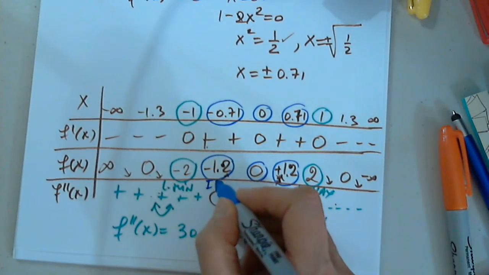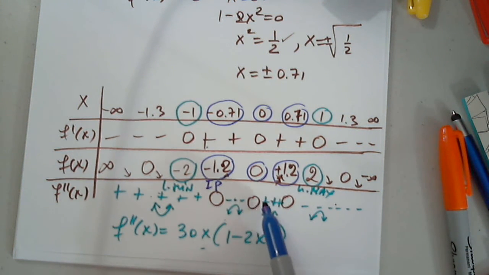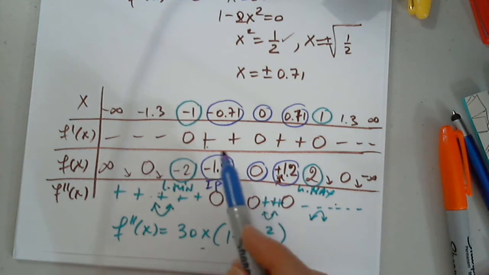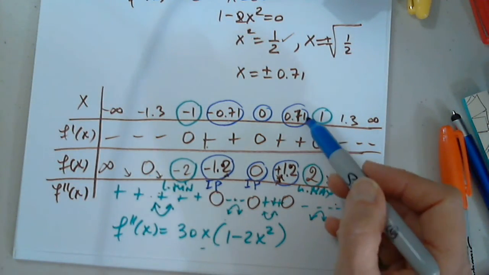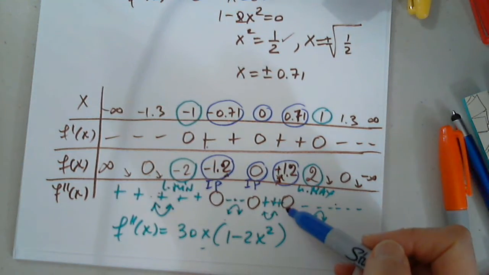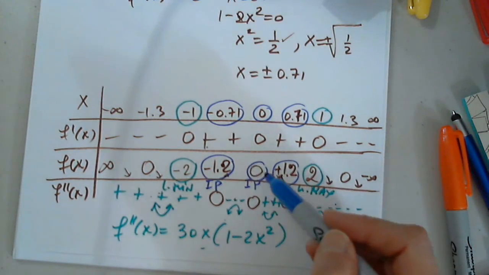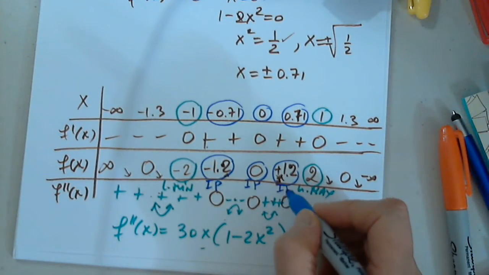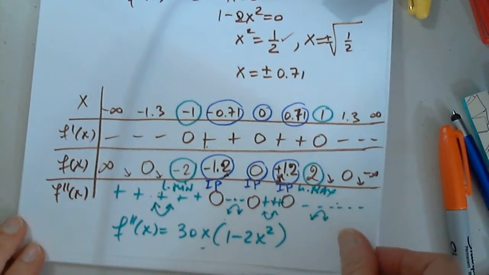So this is an IP. Also at 0, the second derivative changes sign, from opening down to opening up. So this is another IP. At 0.71, 1.2, the second derivative changes sign again, from holding water to not. So that's another IP. And now we're finally ready to graph.